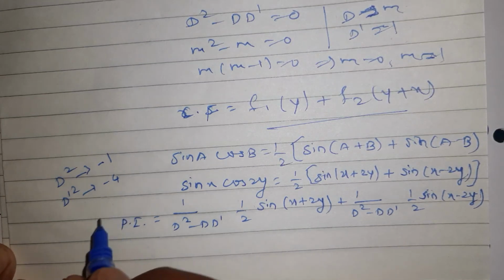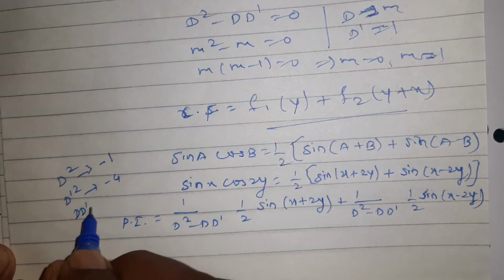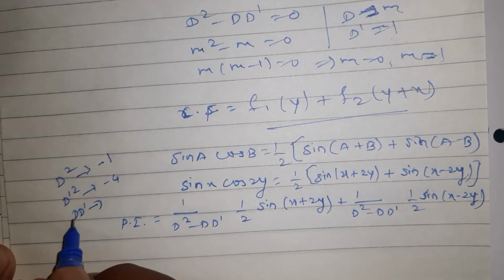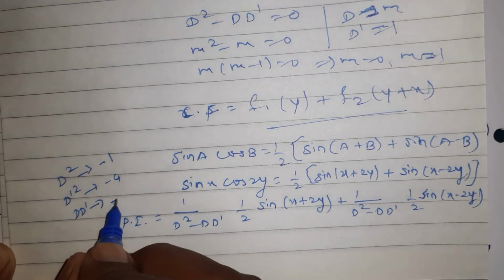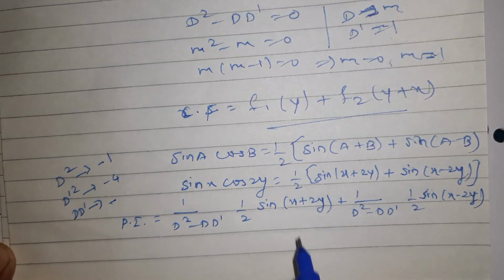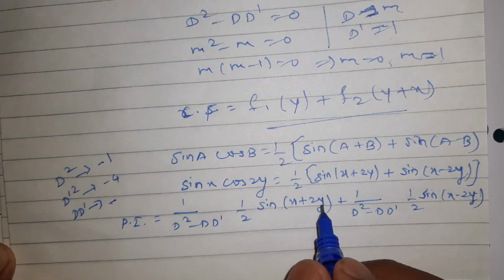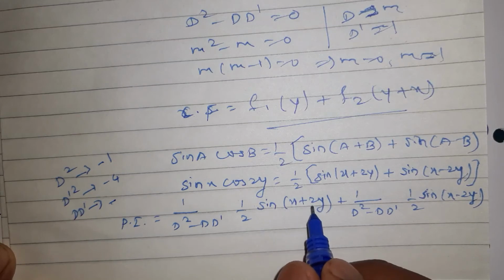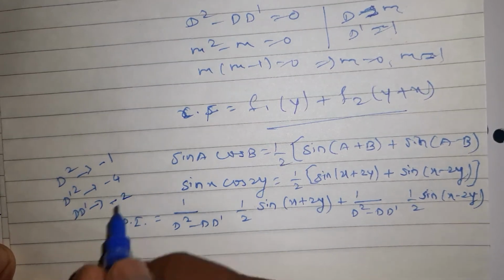Then D into D′. We can't put it in a single one, we want both. DD′ is replaced by −ab, that is minus the coefficient of x times the coefficient of y. What is that? 1 into 2, that is 2, so minus 2.